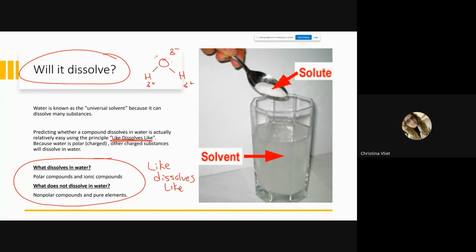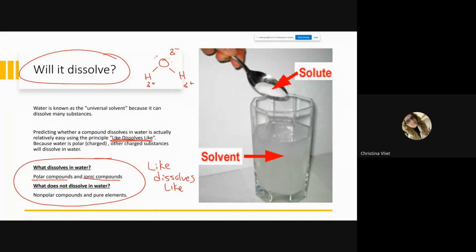Water has partial charges. Water is polar. Because water is polar, water will dissolve anything else that has charges, which leads us to what dissolves in water? Polar compounds. Any polar compound will dissolve at some amount in water. And ionic compounds. Ionic compounds have charges.